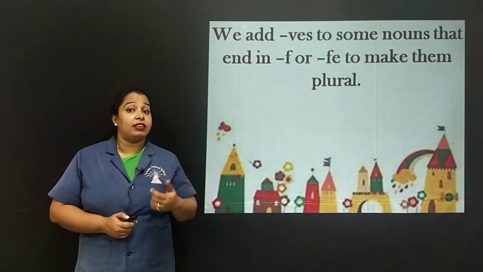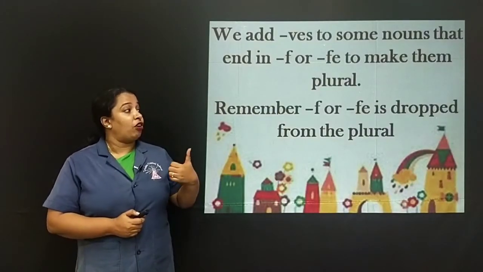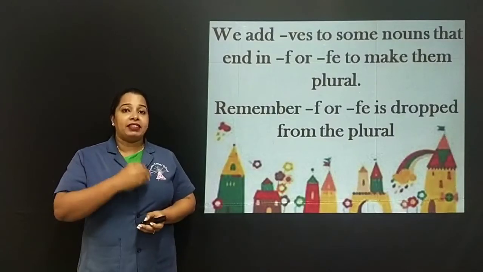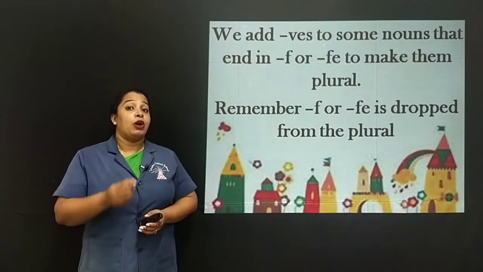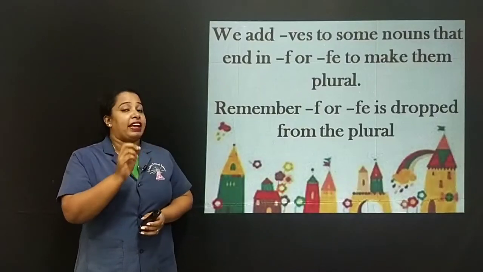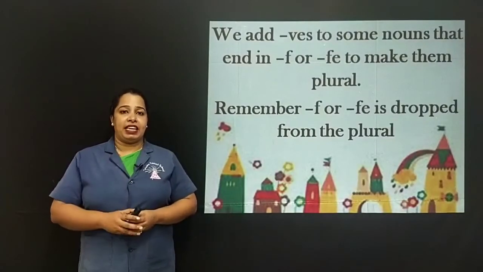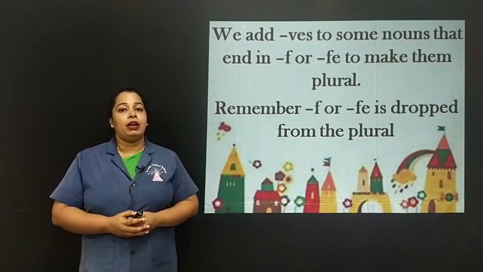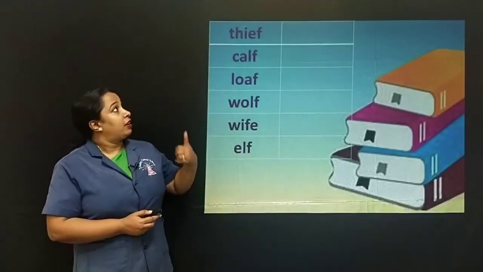But there is another rule here which says, remember, F or FE is dropped from the plural. When we make the singular nouns that are ending with F or FE plural, we remove that F and FE, and in the place of F and FE, we write VES. That means F and FE is replaced by VES. Let's look at the examples, you can understand well.